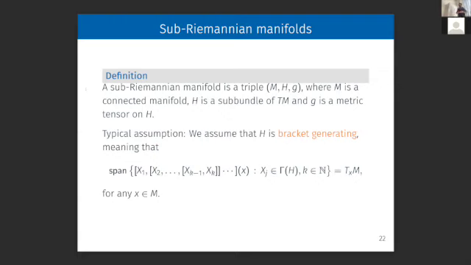So the typical assumption is that this subbundle is bracket generating, meaning that we can iterate all vector fields with values in H and eventually get the whole tangent bundle. Another way of thinking about it is that you can take all derivatives in the direction of H, and then combine them into making any first order derivative you want.